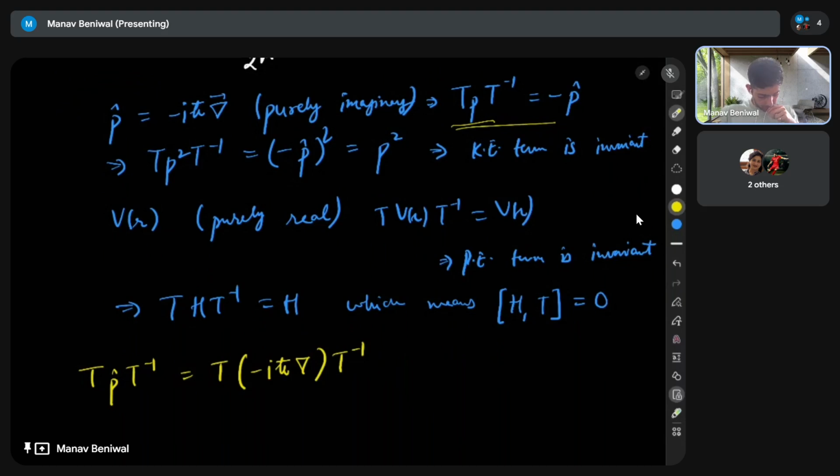When this T operates here, essentially it will just give us the complex conjugate of this quantity. Therefore it will give us iota h cut delta, and this is nothing but minus p.